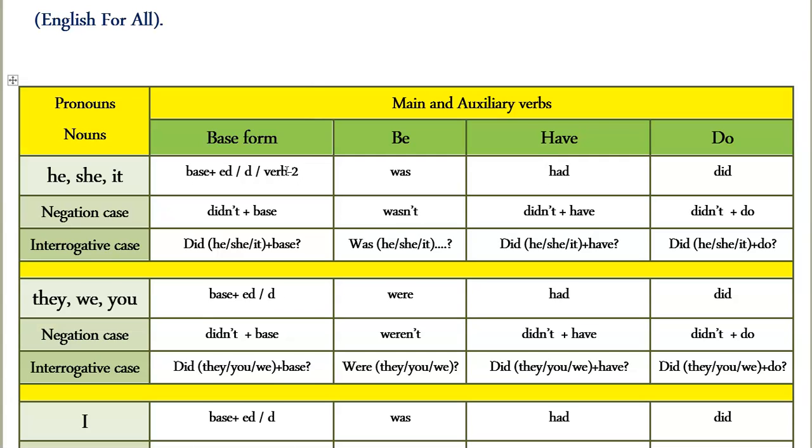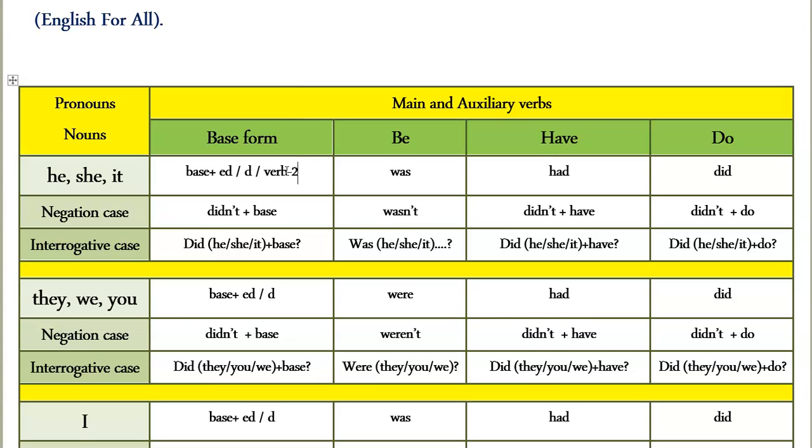Again, your base form can be either regular or irregular. As for the verb to be, it depends on the pronoun, and the verb to have and the verb to do, regardless of what the pronoun is. All pronouns, singular or plural, they all take had as for have and did as for do.